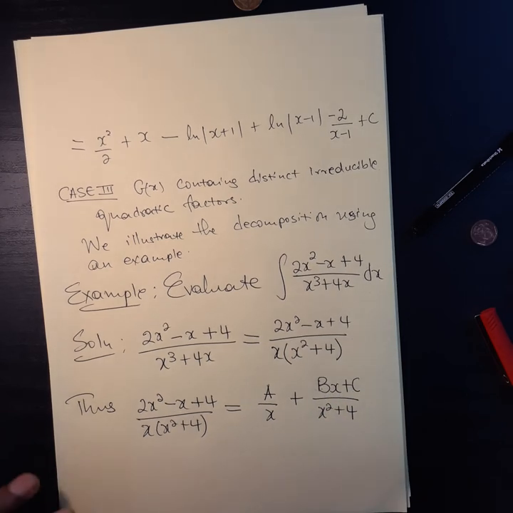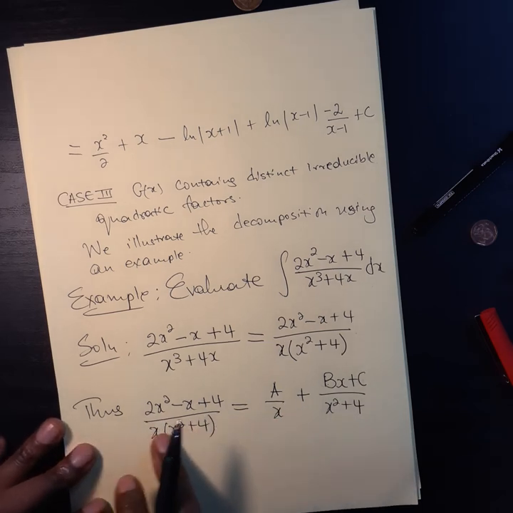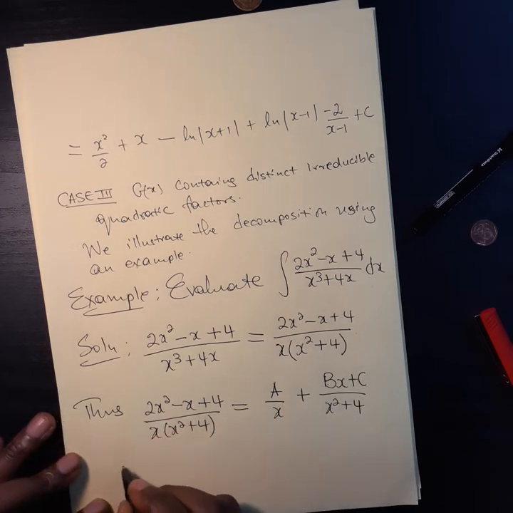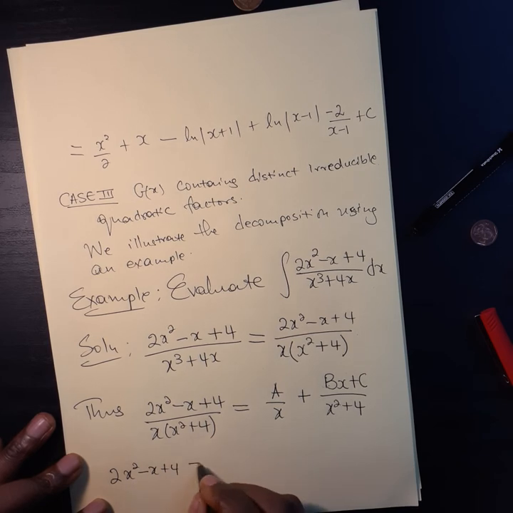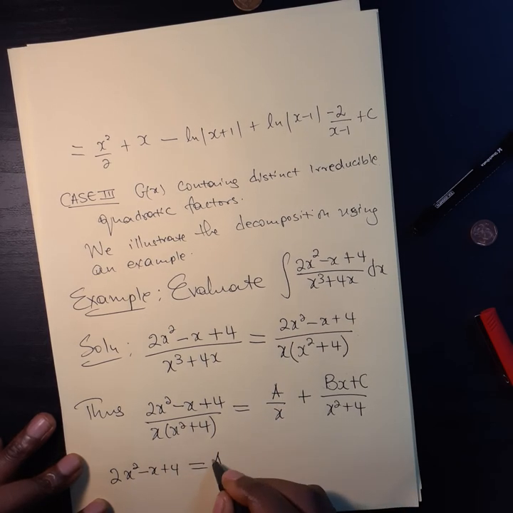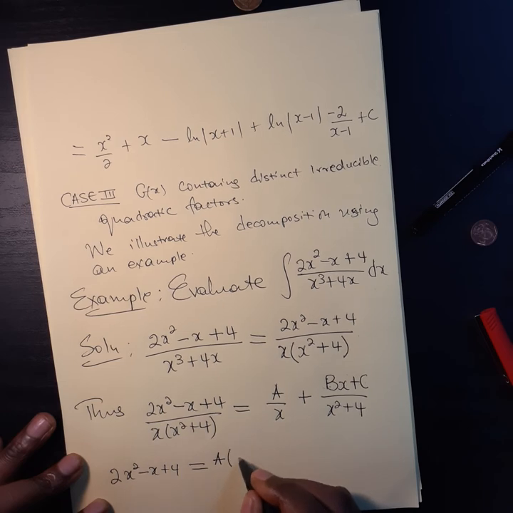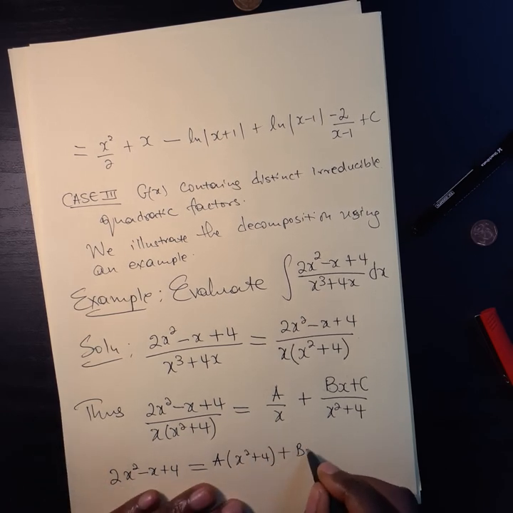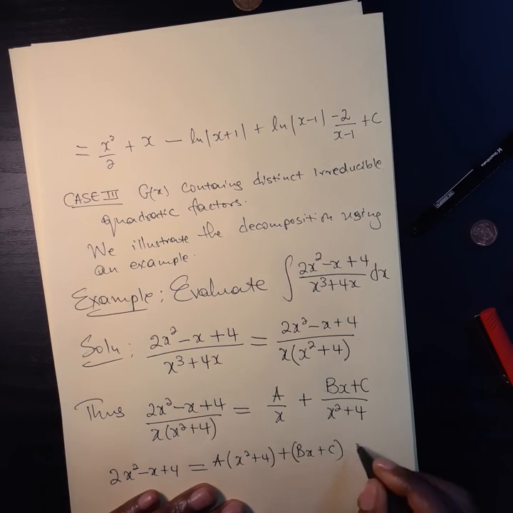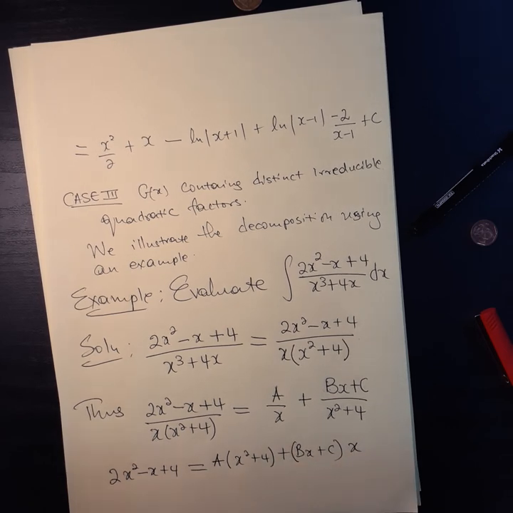All right. So after that, we multiply throughout by the denominator. Then on the left-hand side, we'll be left with 2x squared minus x plus 4. This will be equal to our a into x squared plus 4 plus our bx plus c multiplied by x, like that.